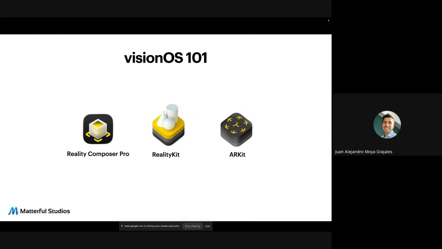We have Reality Kit, which is the engine that is going to display the 3D graphics and make the simulations. And we also have AR Kit, which is the framework for world sensing. So this is the one that's going to allow us to get information about the reconstruction of the geometry of the world, the positions of the hands, and etc.